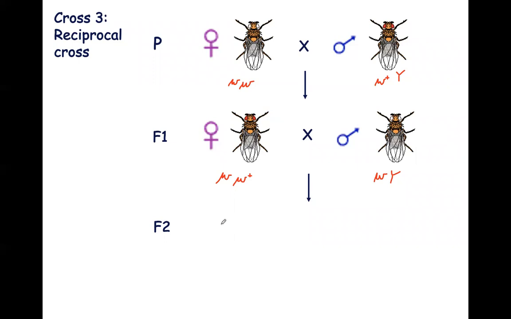And again, you can do your Punnett square. What you would get was W and W. And usually, in class, I'm asking all sorts of questions like, what type of fly is this? And then people would say white-eyed female.